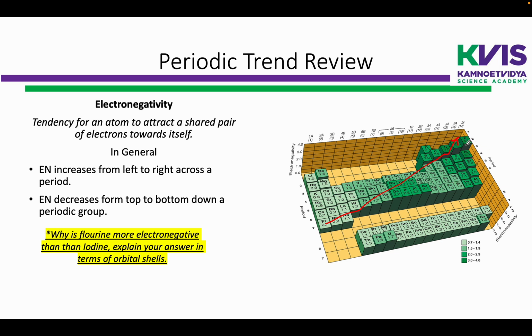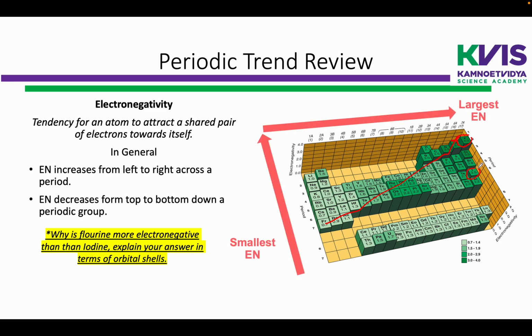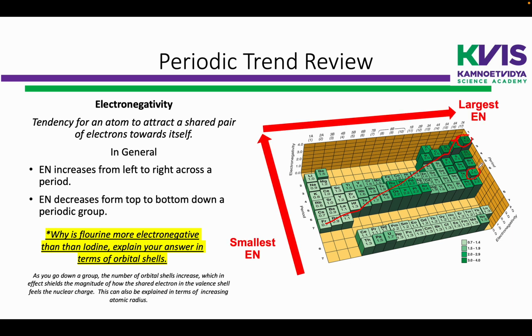Okay? So if I were to ask you, why is fluorine more electronegative than iodine? You look at the periodic table, right? So fluorine is over here. Iodine is down over here. So what happens? As you go down a group, the number of orbital shells goes up, which in effect shields the magnitude of how the shared electrons in the valence shell feel that nuclear attraction, right?